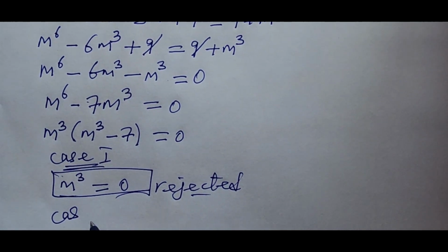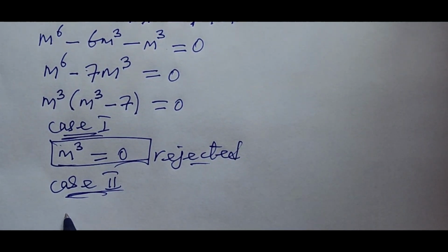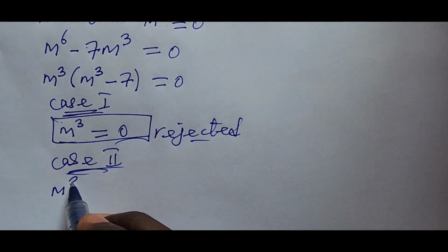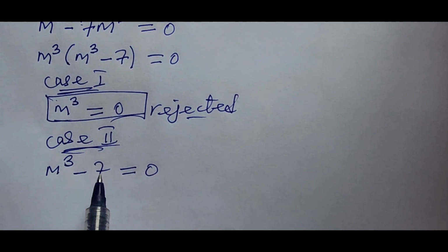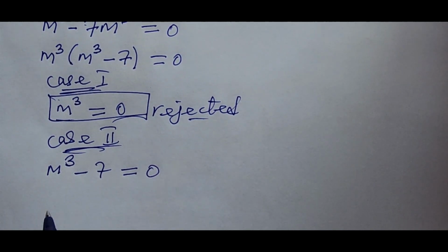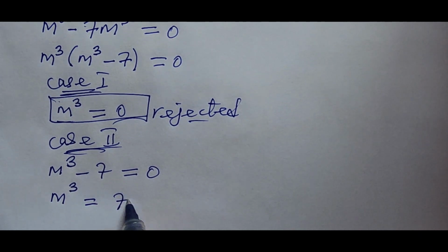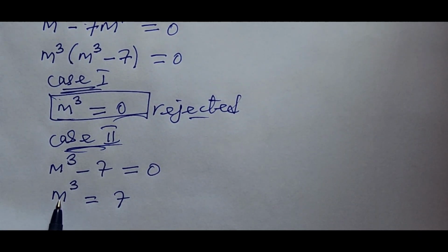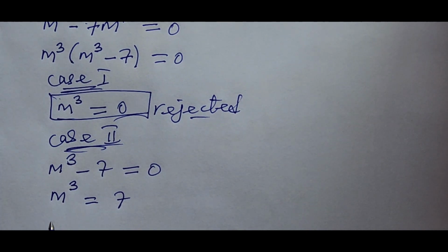Our case 2, we take the other expression, which is m to the power of 3, then minus 7 equal to 0. Move this to this side of the equation. That is going to give us m to the power of 3 equal to positive 7. Here we have m to the power of 3, so we take the cube root of both sides of this equation.